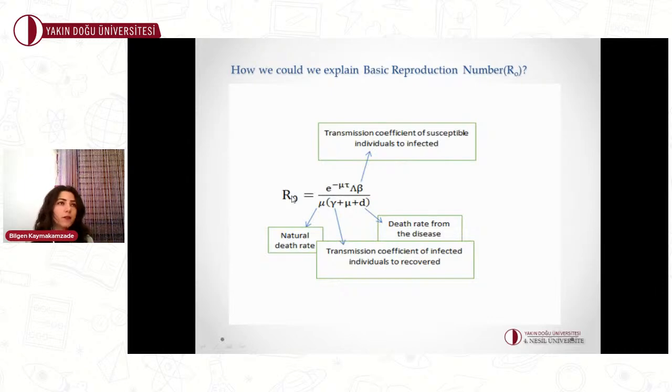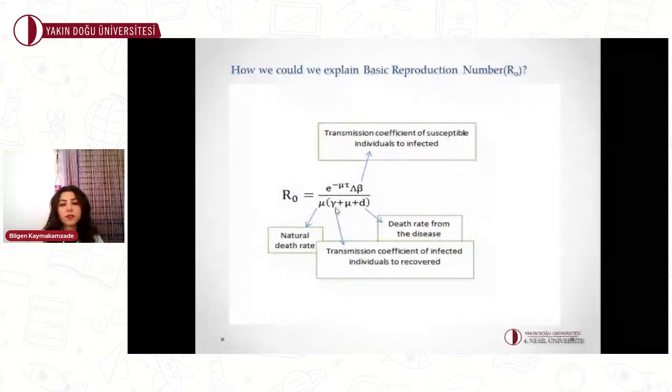So if we decrease the contact of susceptible persons with infected persons, then the disease will die out. Or here gamma is the transmission coefficient of infected individuals to recovery.